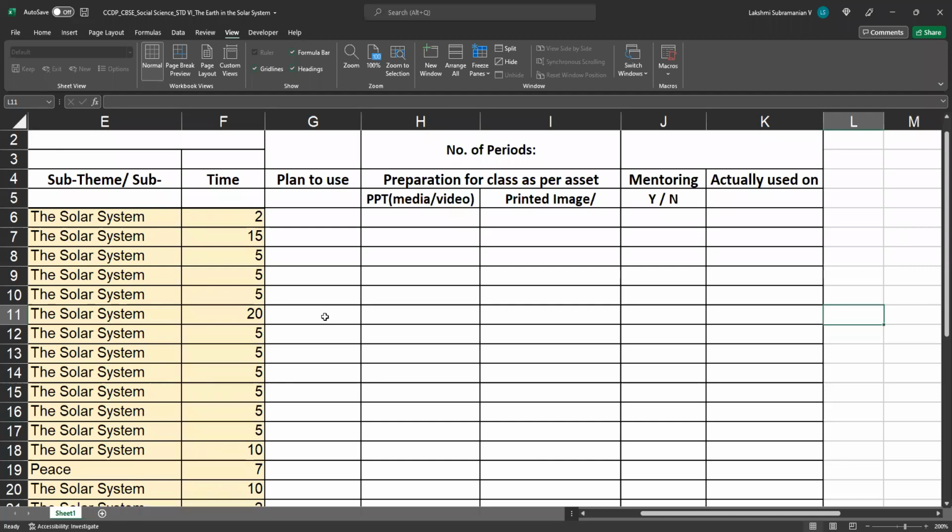If it is confusing for me, how am I going to explain it to the children? I need help, right? So you note down what it is that you want help with. Once you mark it there, it is not just saying yes or no. You could even write what you don't understand, you can just note it down.